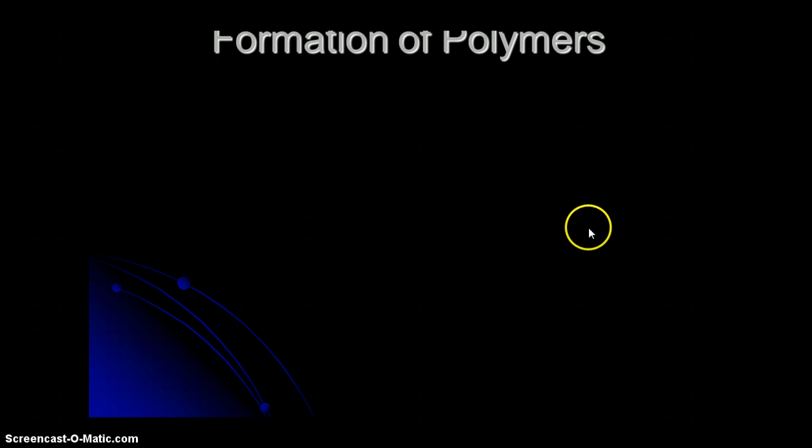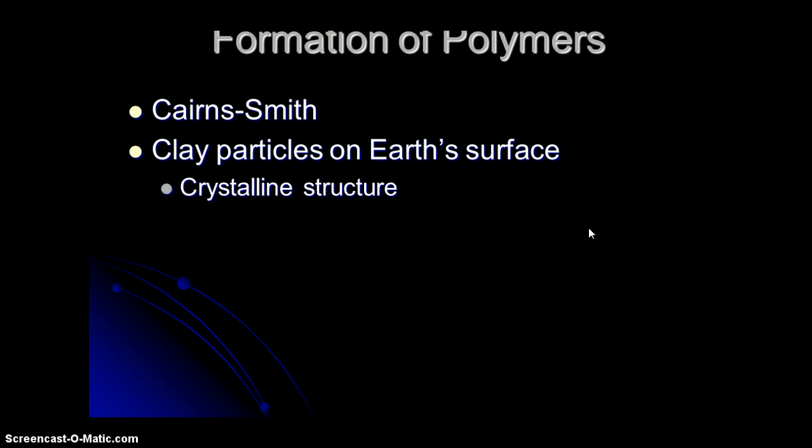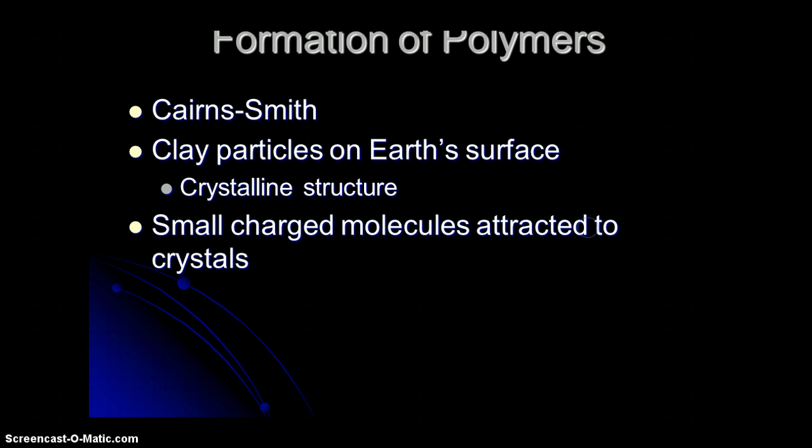Okay, the second part is the formation of the polymers. And that was done by Cairns-Smith. And so what they studied were clay particles that were on the Earth's surface. Those clay particles had a repeating crystalline structure, and that crystalline structure allowed those amino acids that we just talked about for Miller and Urey to be attracted to them because they have charges on them.